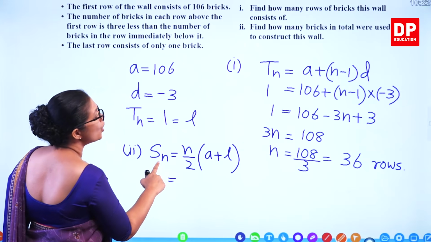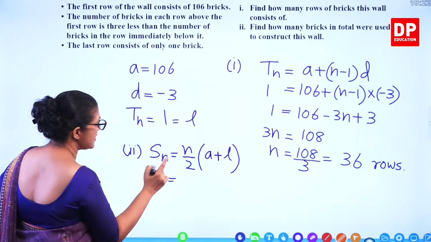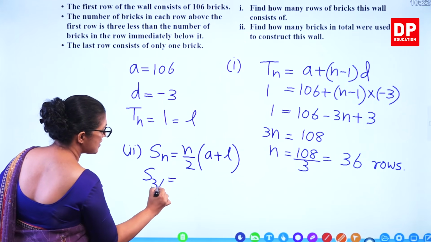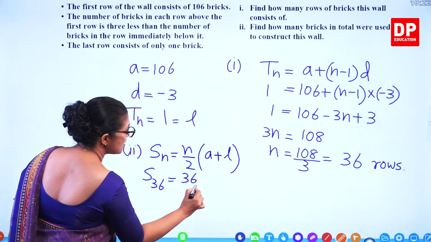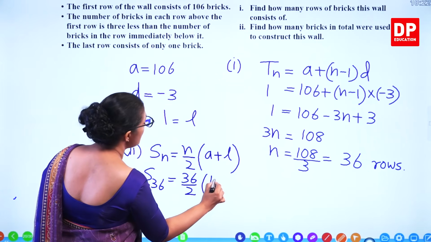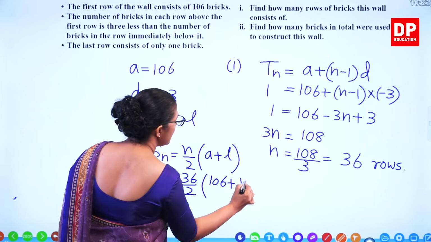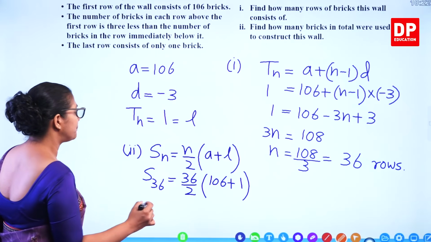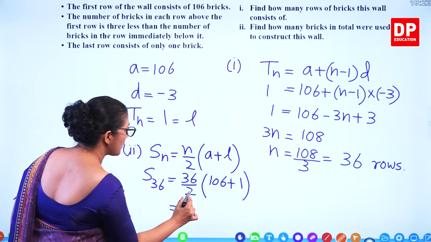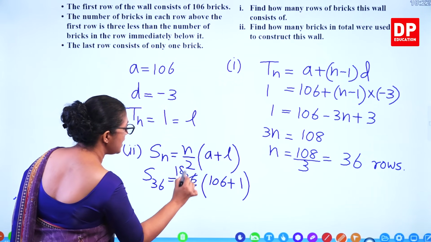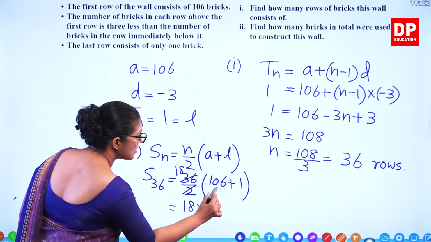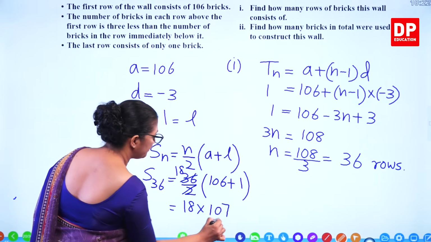We now know how many rows: 36. So S36 is equal to 36 over 2, times the first term 106 plus the last term 1. Halving 36, you get 18 times 107.